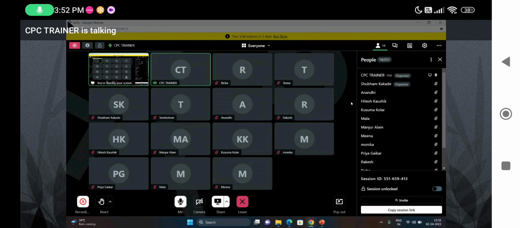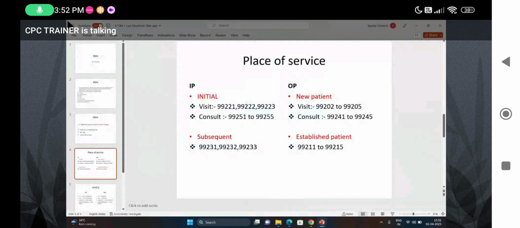This is the guideline. But compulsorily, you receive one question in your exam from consult. So totally 6 questions, and from the 6 questions, one question is from consult. That's all, this is enough. So other than consult, all the remaining codes are visit codes, guys. So initial means 99202 to 99223, and then subsequently established, everything.